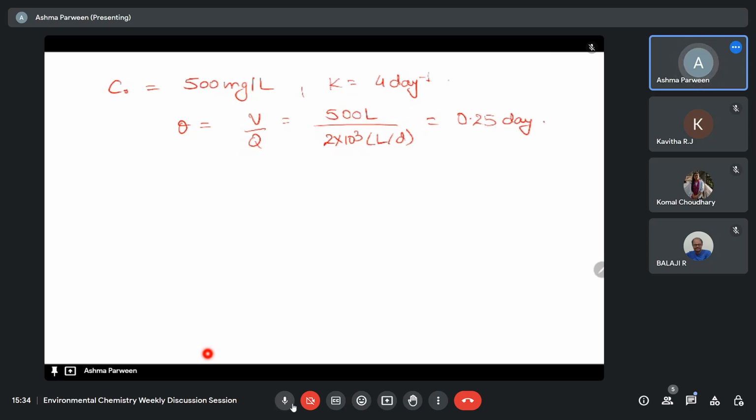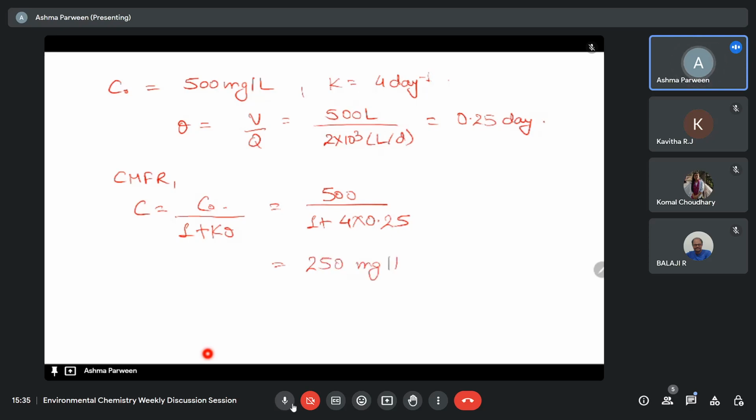Next, for completely mixed flow reactor, the concentration in effluent is calculated from this relation. We have C naught and we have K as 4 and theta as 0.25, and after solving this we will get the concentration of X as 250 milligrams per liter.